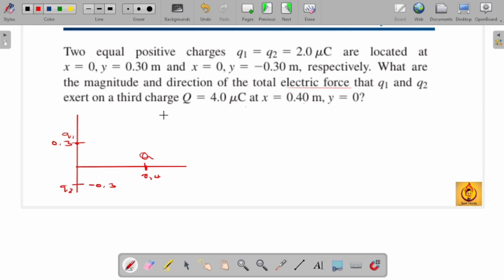Q1 and Q2 have the same magnitude, which is 2 microcoulomb, but Q, the big Q, has 4 microcoulombs. Do you guys have any idea on how we are going to deal with this? How are we going to approach this question?